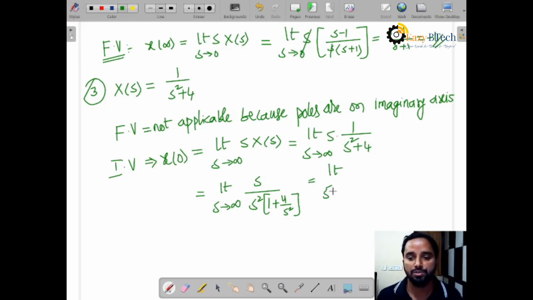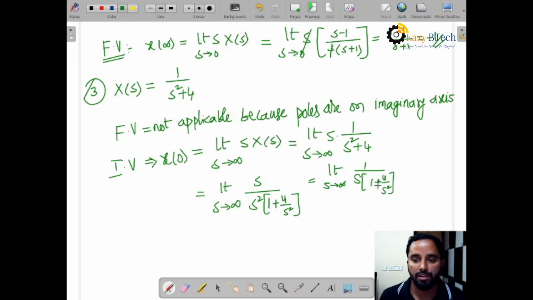Then limit s tends to infinity, 1 by s, 1 plus 4 by s square.